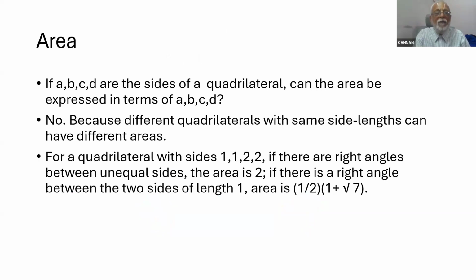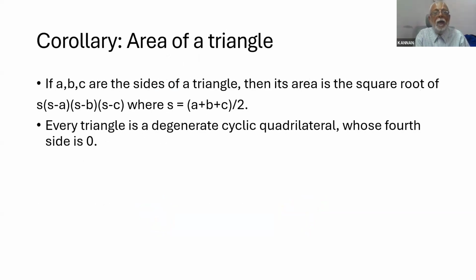Now I am going back where we left. Next, I am seeing how area of a triangle becomes a corollary for this. If A, B, C are the sides of a triangle, then its area is the square root of S into S minus A into S minus B into S minus C, where S is the semi-perimeter.